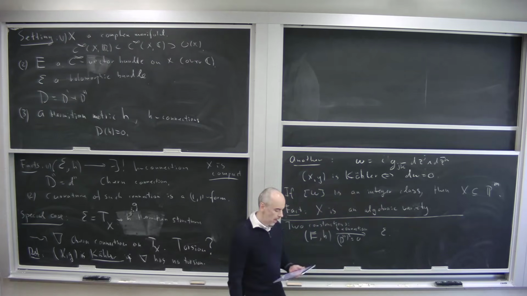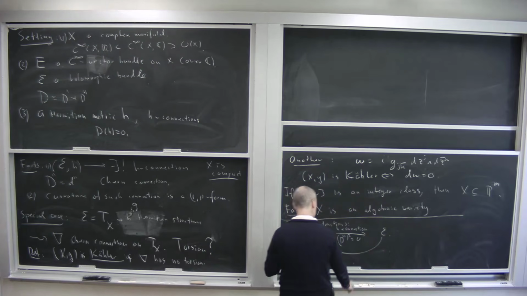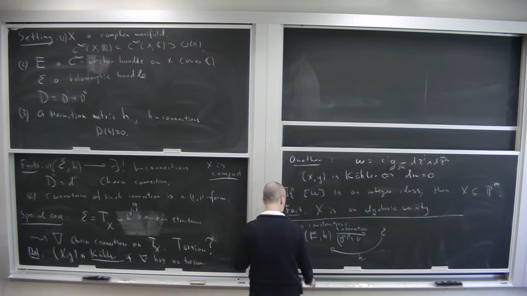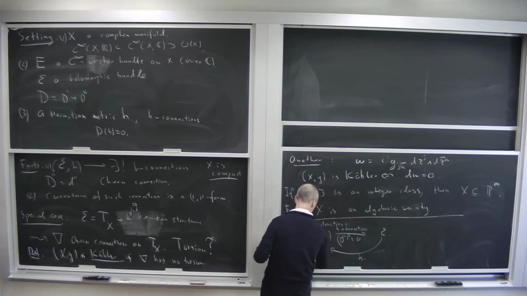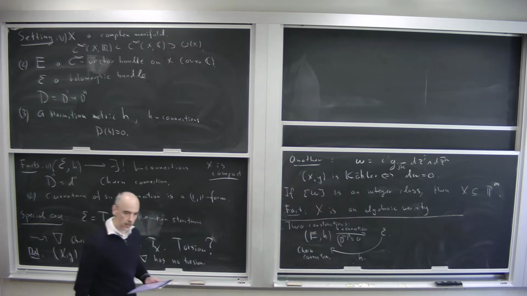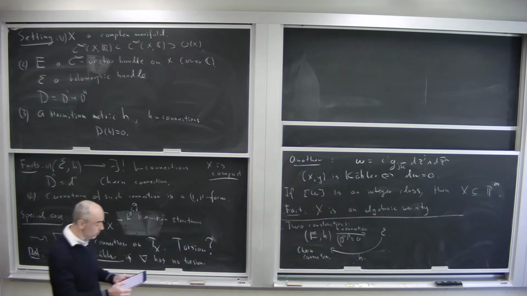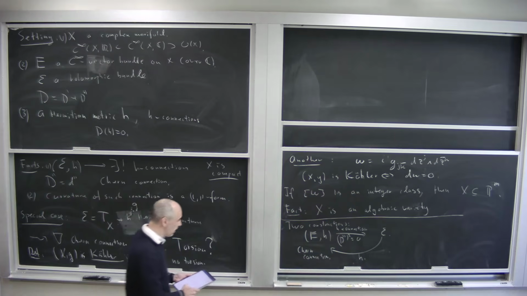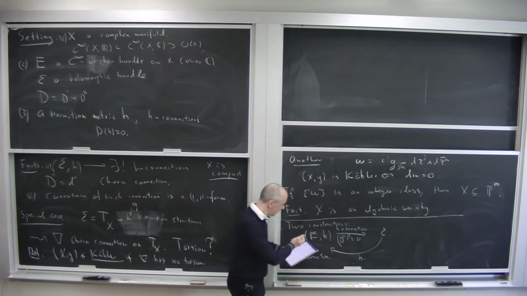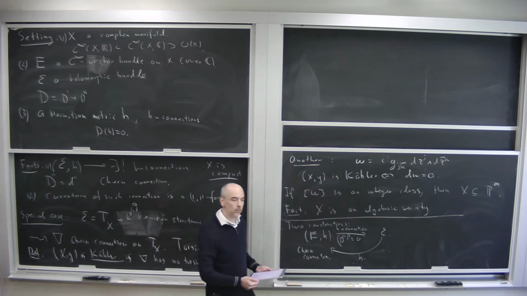That gives me E. If I start with E, I can choose H, and then I'll have a Chern connection. So on one hand, we have connections. On the other hand, we have holomorphic structures, and everything is somehow with the Hermitian structure in the background.